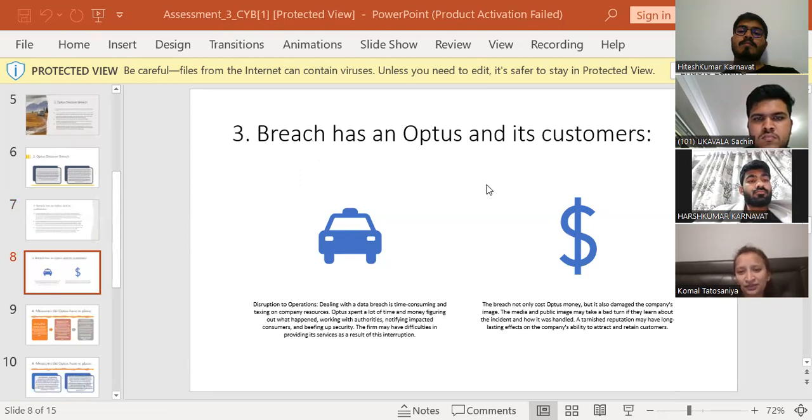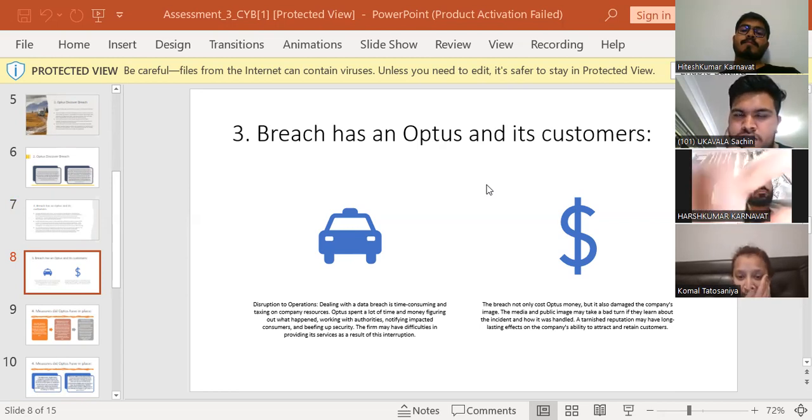Breach has an impact on Optus and its customers. Disruption to operations. Dealing with a data breach is time consuming and taxing on a company's resources. Optus spent a lot of time and money figuring out what happened, working with the authorities, notifying impacted customers and beefing up security.